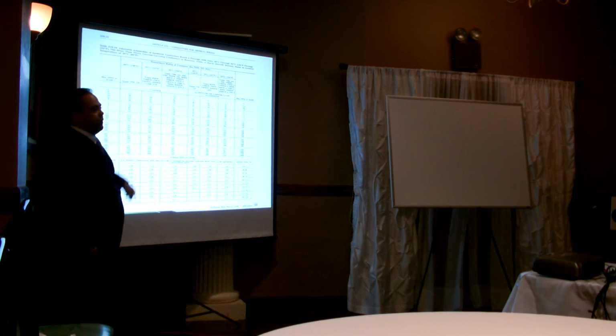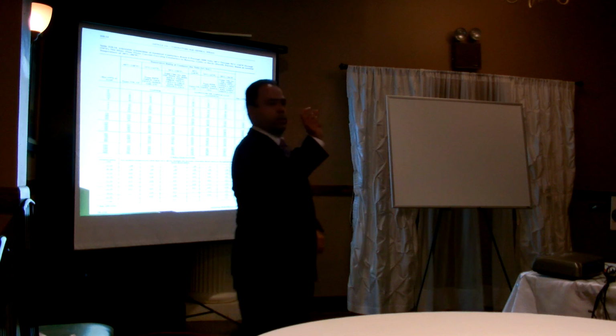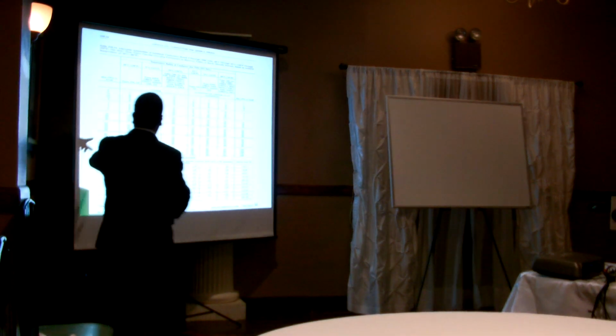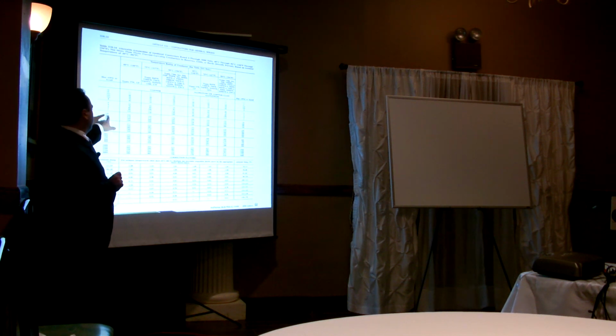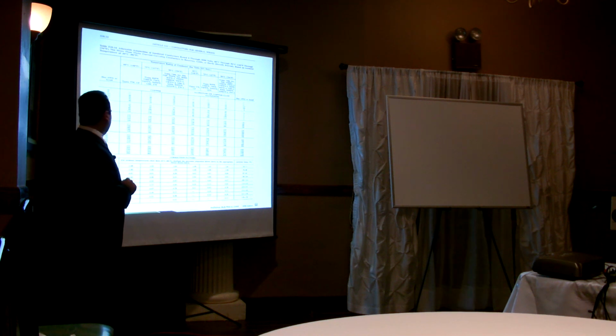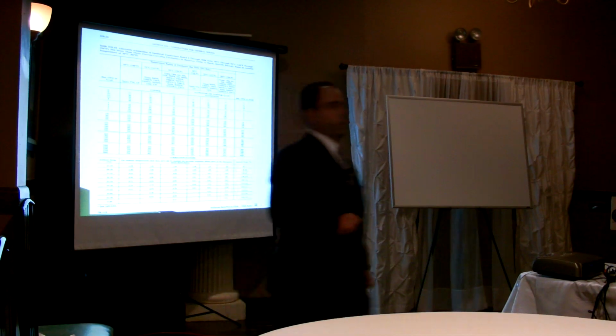This is 250,000 circular mils. It's just a measurement of that wire. The 500,000 circular mil is larger than the 250,000 circular mil, and so forth and so on. Any questions on that? Go ahead.